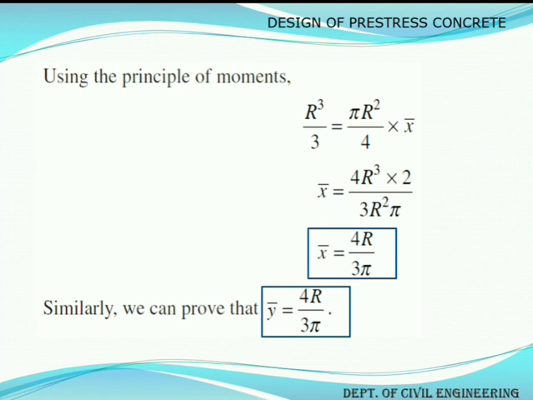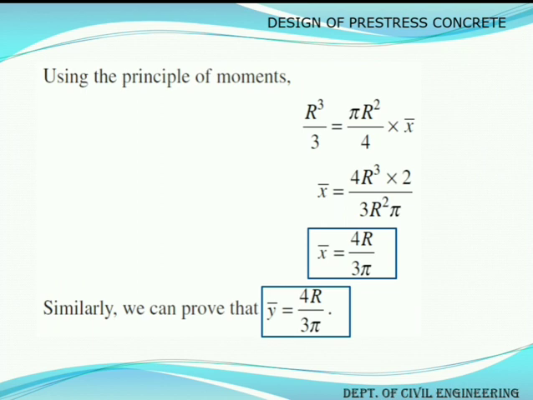When we consider a quarter circle, it is neither symmetrical about the x-axis nor about the y-axis. Hence we get a formula for both x bar as well as y bar. In today's examples, the first figure was a rectangle, symmetrical about both the axes.